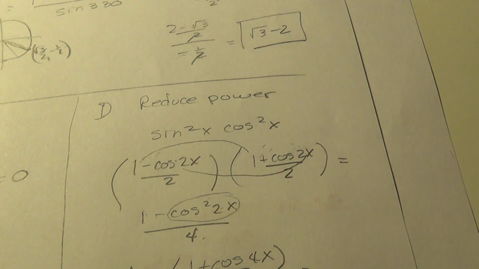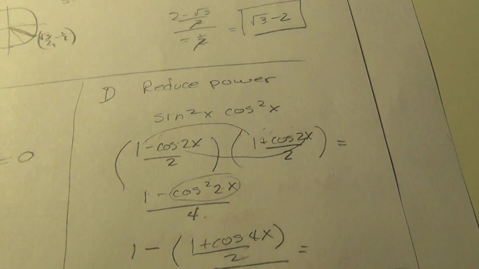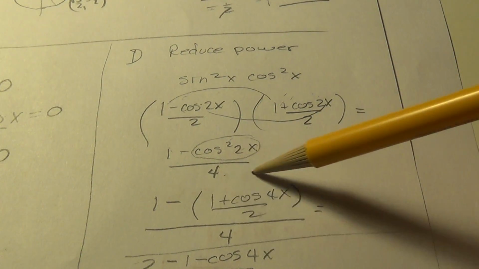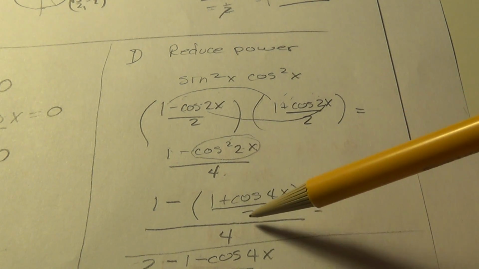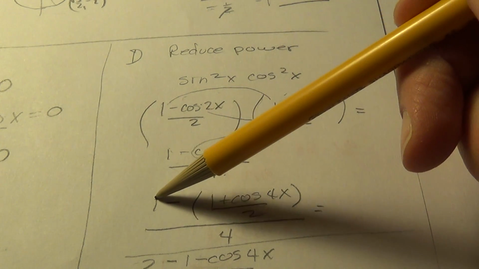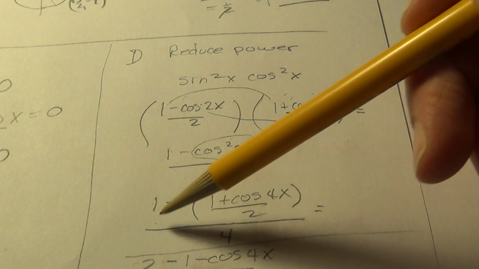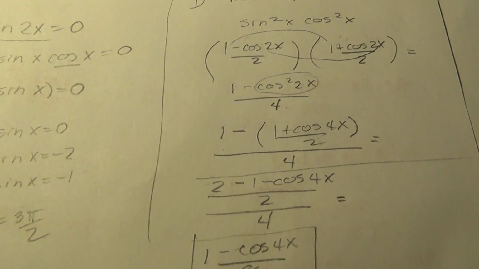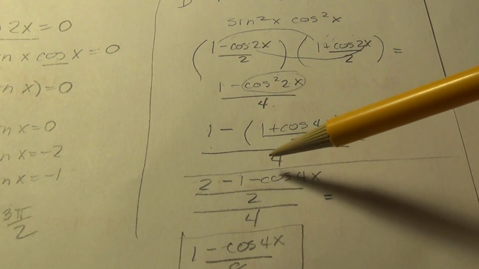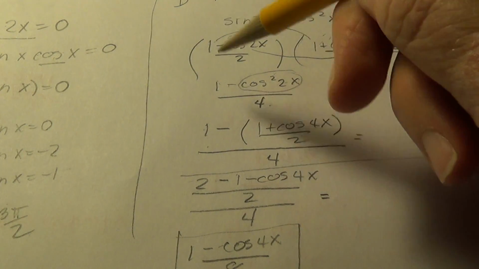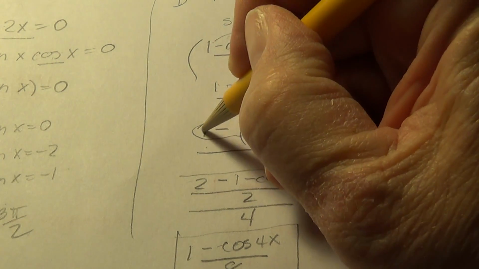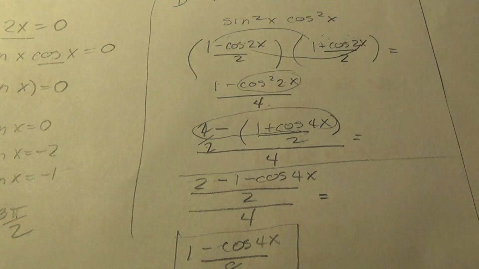So I'm going to replace again, and this time in the circle, I've replaced this equation. Now I pull out my algebra, give this a value of 2 over 2 to match this. Then I get 2 minus 1 minus cosine of 4x. That's what all this becomes when I write that as 2 over 2.